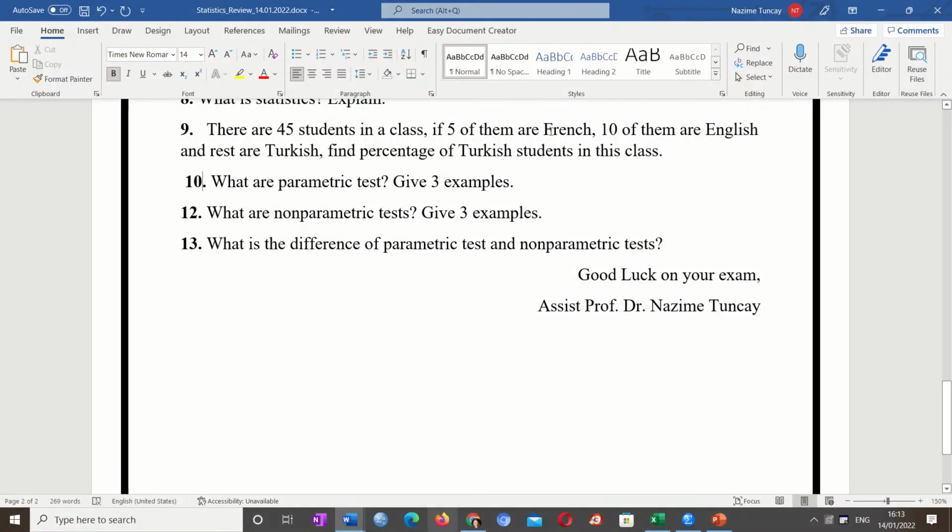So this is the equation for finding percentage. It says 45 students in a class, 5 French, 10 English, and the rest are Turkish. Find the percentage of Turkish students in this class. So the frequencies are given here. Let's calculate it here.